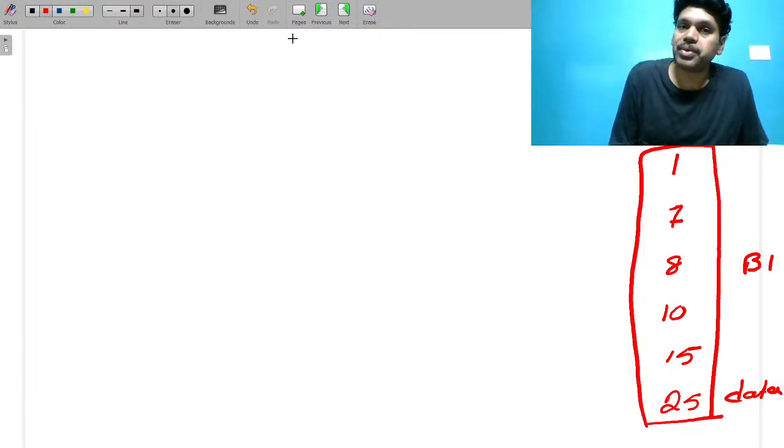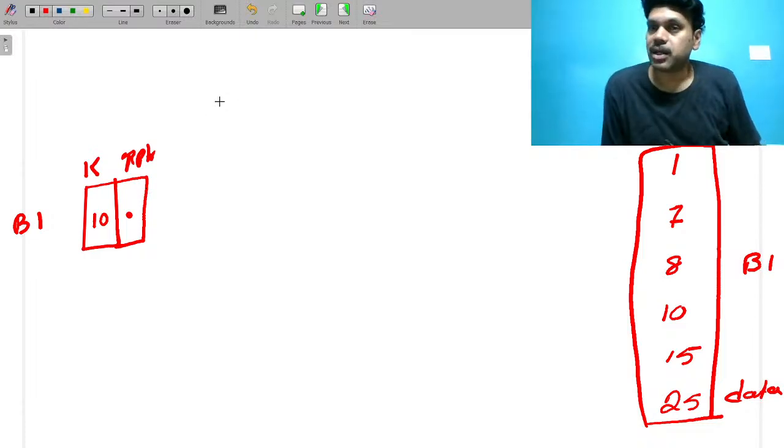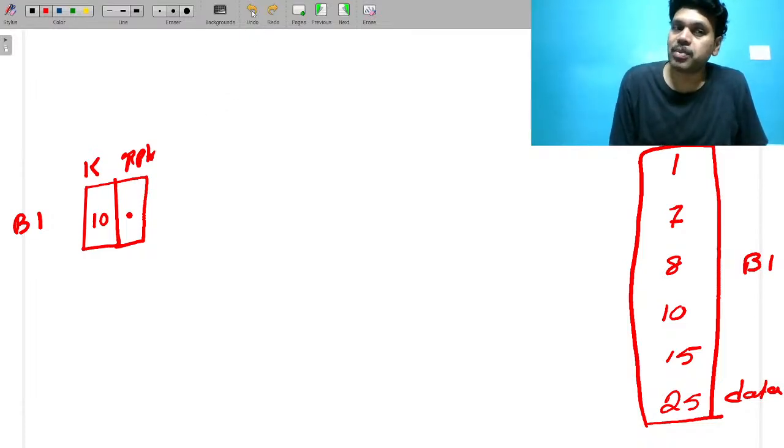Now we computed block 1 for your root. What is your root? 10. 10 is your root which has two important fields, key and record pointer. Observe carefully. 10. But here we are not maintaining any record pointers.